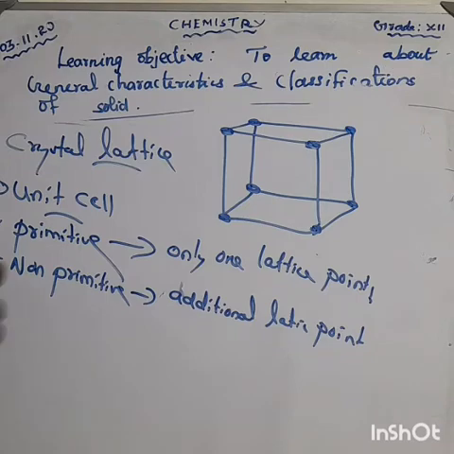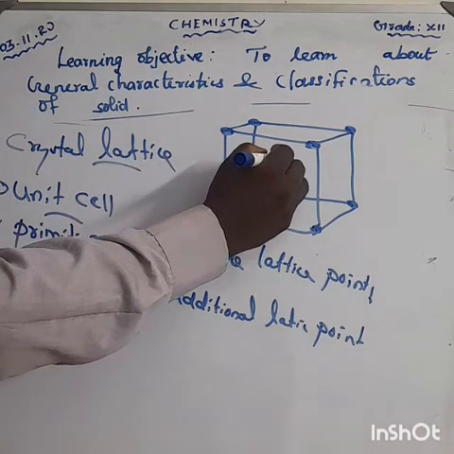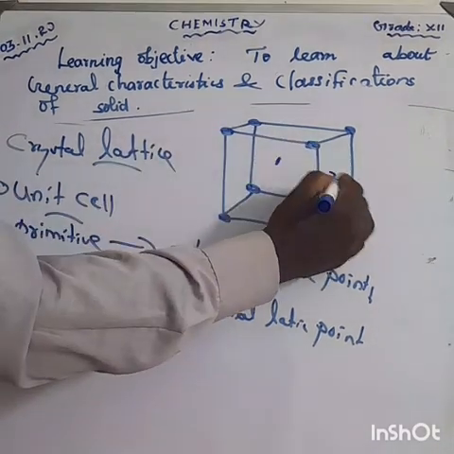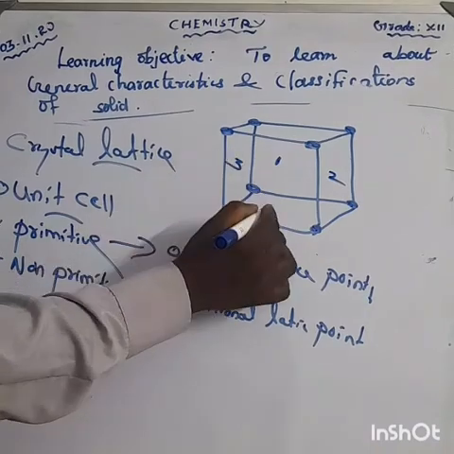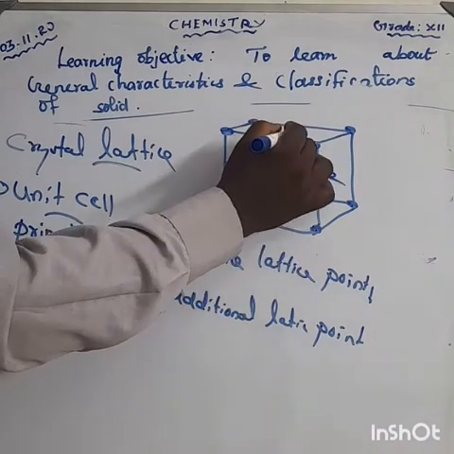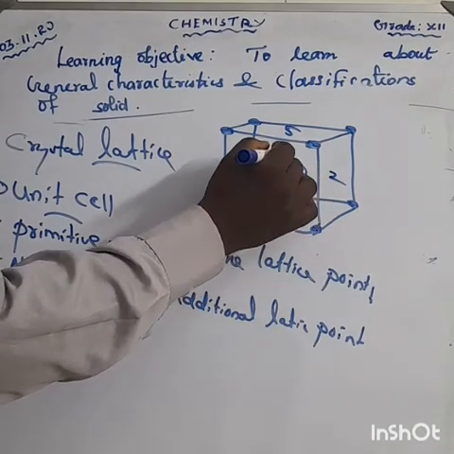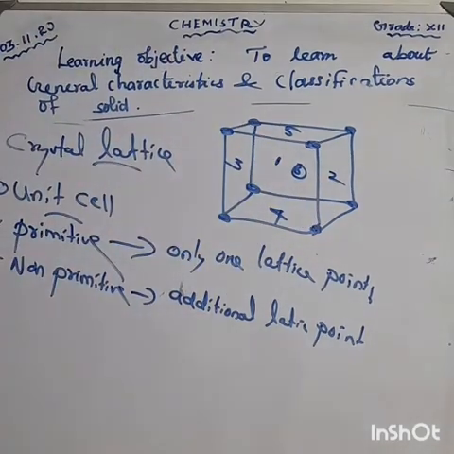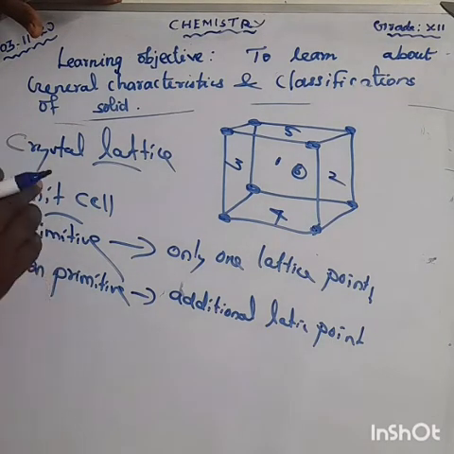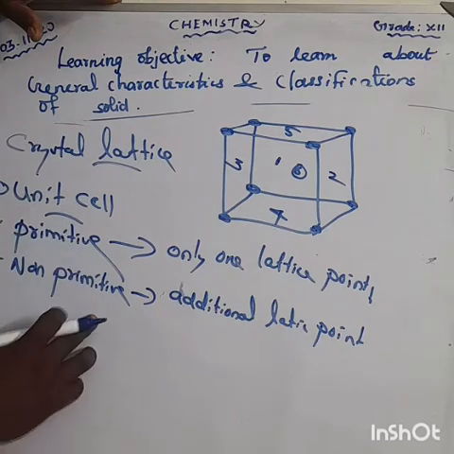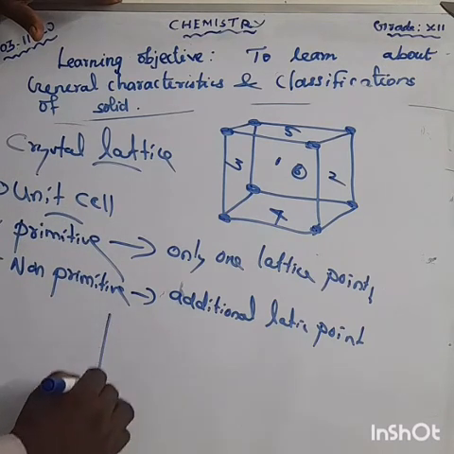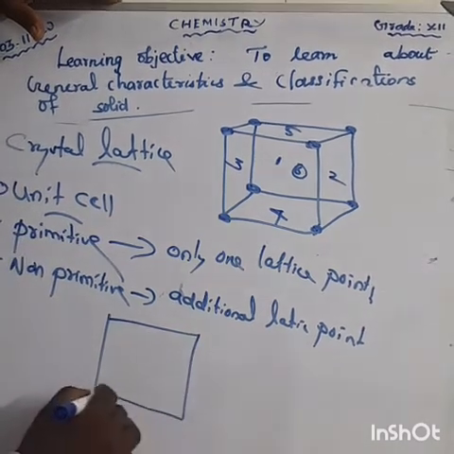This side is the first face, second face, third face, fourth face, fifth face, and the back side, sixth face. Am I right? So here, about the primitive and non-primitive, I told you what non-primitive means. This is a crystal lattice.